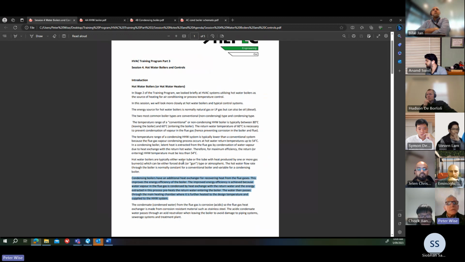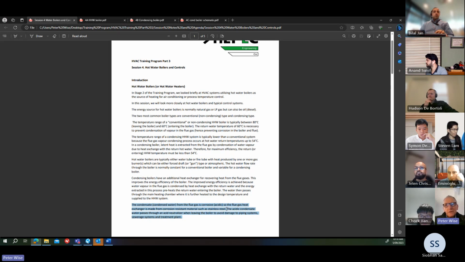Well, just while we're on that, the next comment here is that the condensate, or condensed water from the flue gas, is corrosive, so it's acidic. So the flue heat exchanger is made from a corrosion-resistant material such as stainless steel. Some manufacturers use a high-grade aluminium.